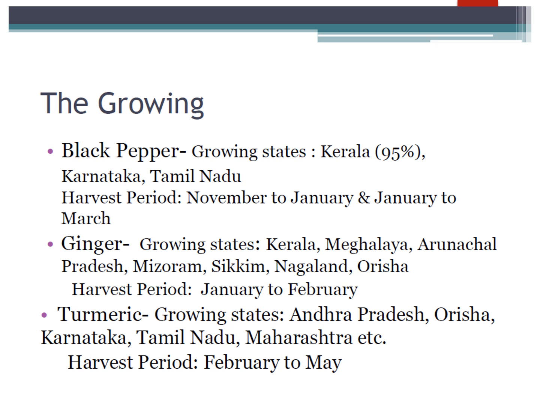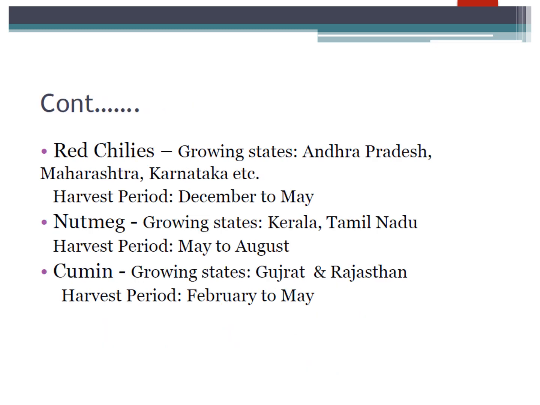Turmeric growing states are Andhra Pradesh, Orissa, Karnataka, Tamil Nadu and Maharashtra. Harvest period of turmeric is February to May. Red chilies are grown in Andhra Pradesh, Maharashtra, Karnataka.